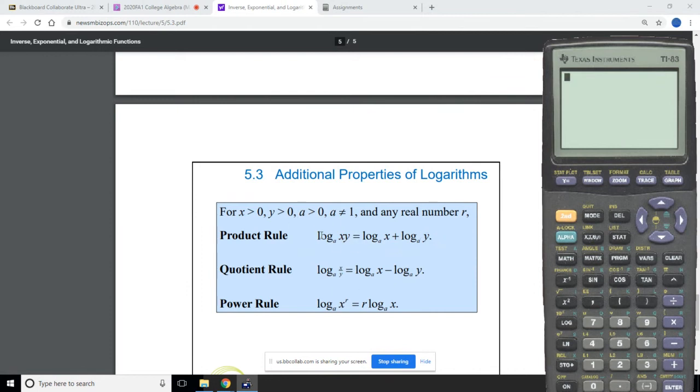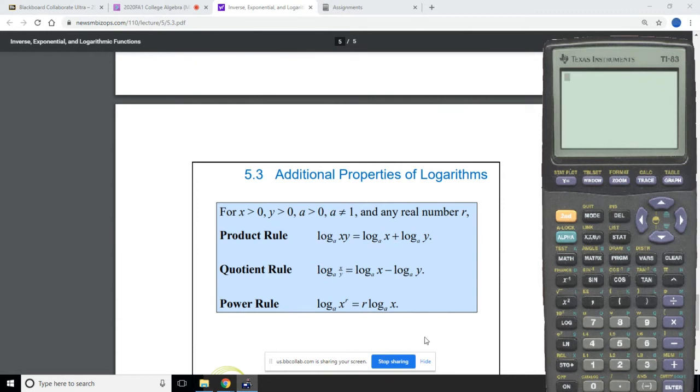So when you're dealing with a log, you can rewrite a product as a sum. The quotient rule says log base a of x divided by y is equal to log base a of x minus log base a of y, which means you can write a quotient as a difference.